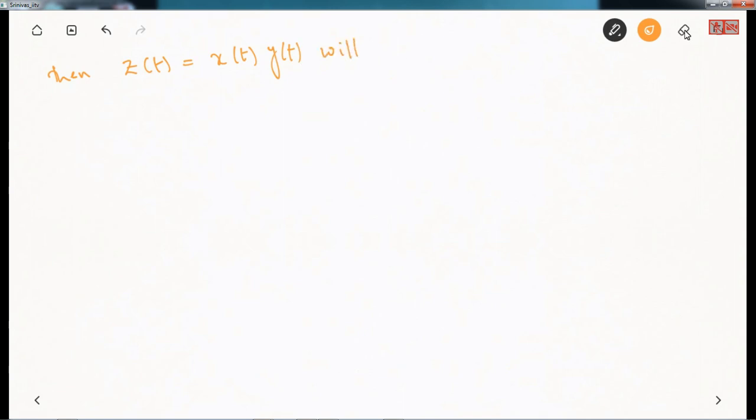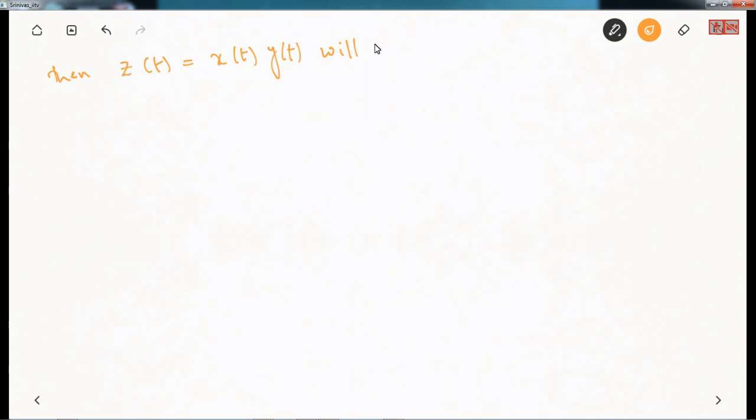Okay, let's make this change of notation. Let's call this h of t. No, sorry. Let's stick with z of t.